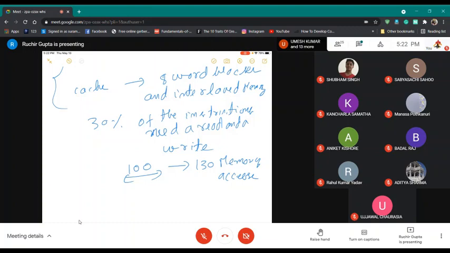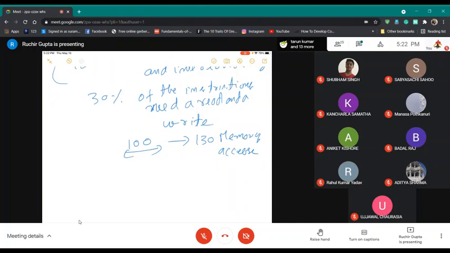And with no cache, we have already said that it is 10 per access. So with no cache, it is 130 multiplied by 10.